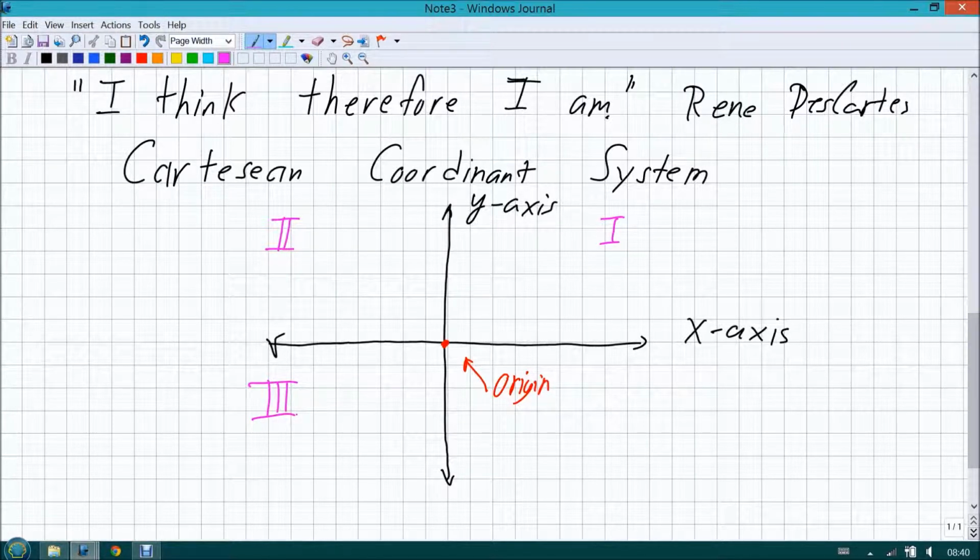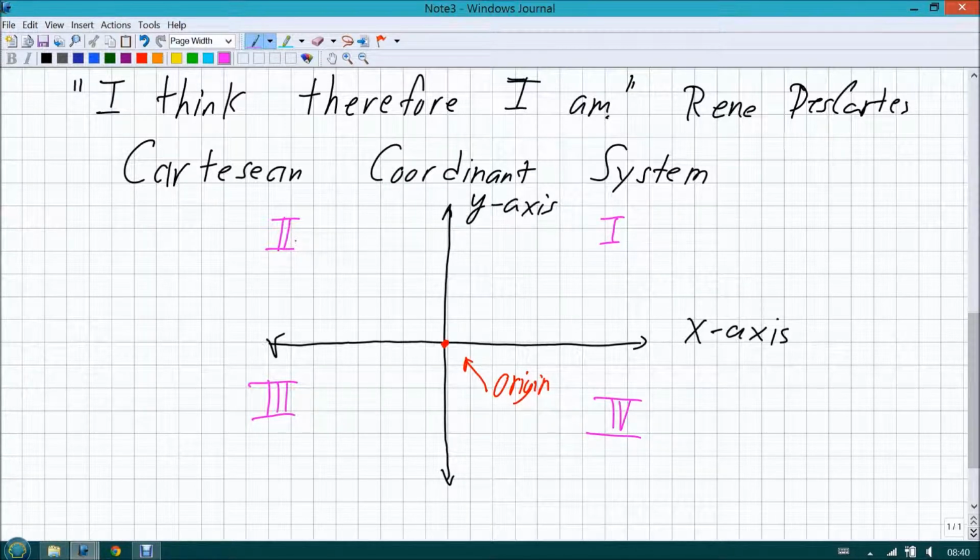Can you guess what the 4th quadrant's going to be called? No, it's going to be called 4. Anyway, quadrant 4, right? We have quadrants 1, 2, 3, and 4.